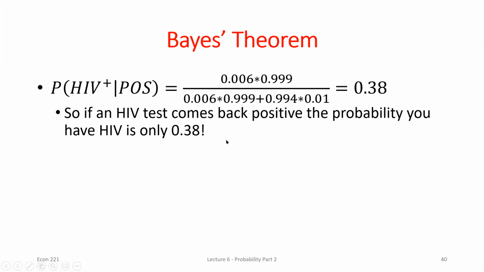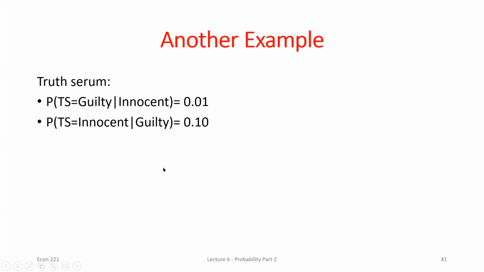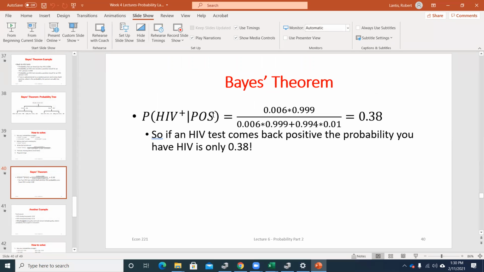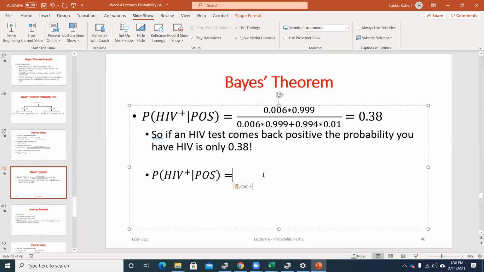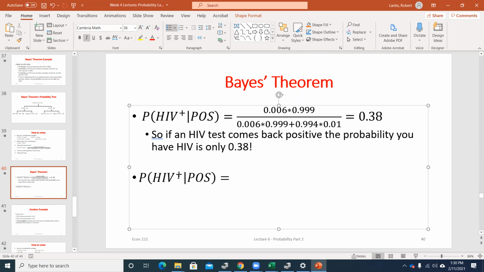Here's a little trick. Let's say instead I wanted this: given that I saw a positive test result, what's the probability that someone is HIV negative?